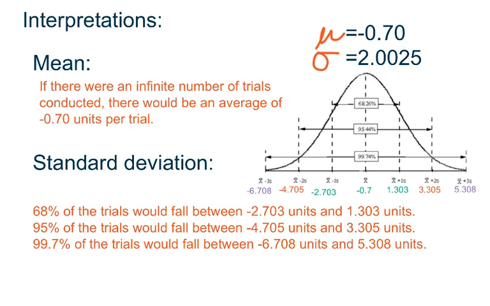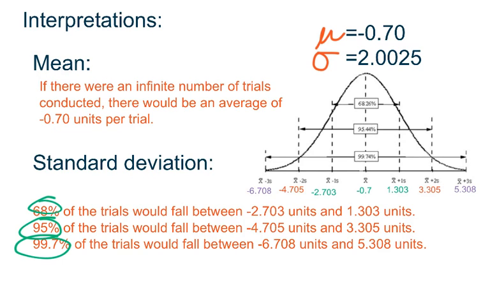The next step is to calculate, or we have the standard deviations calculated, and the way that you would interpret this is 68% of the trials would fall between -2.703 units and 1.303 units, and you do that for each of the 3 percentage values that I said were important. Again, you would want to put this in context.